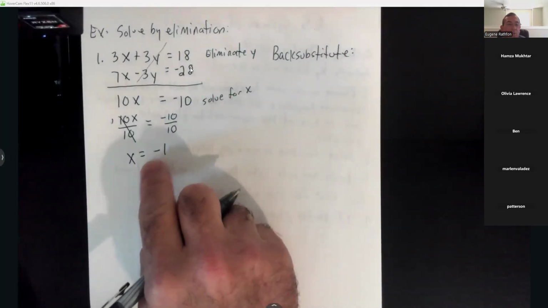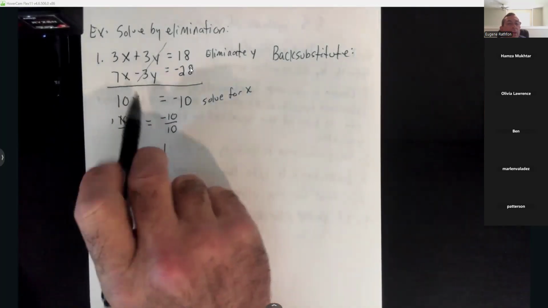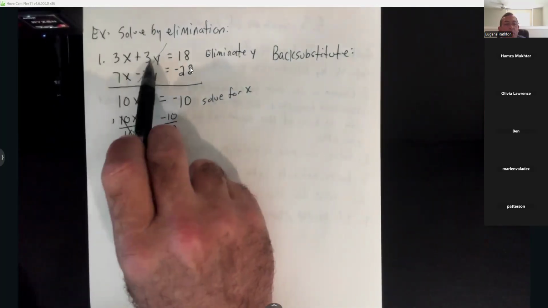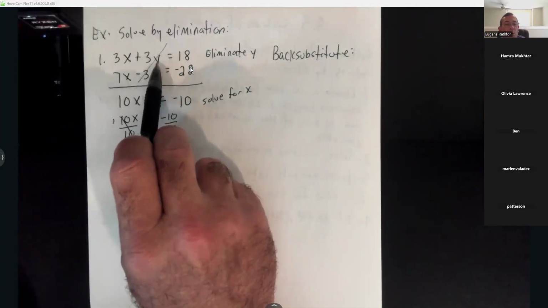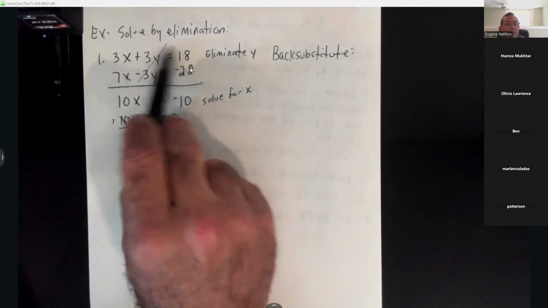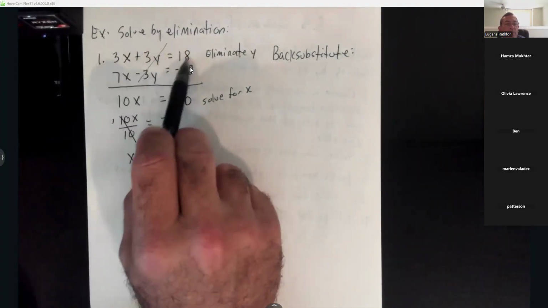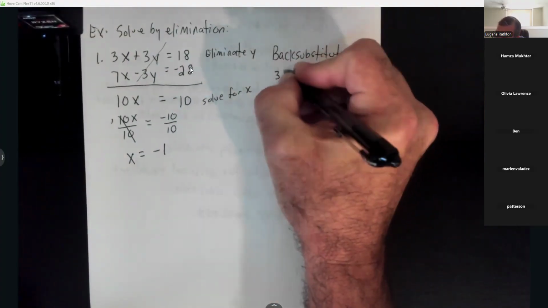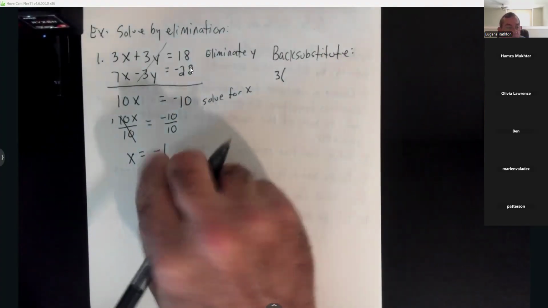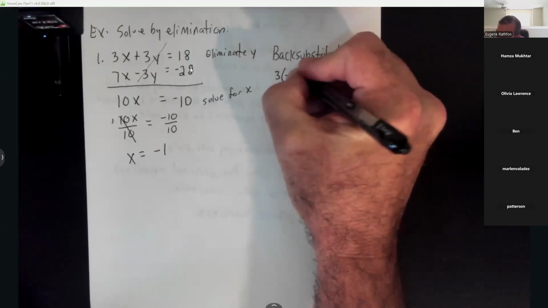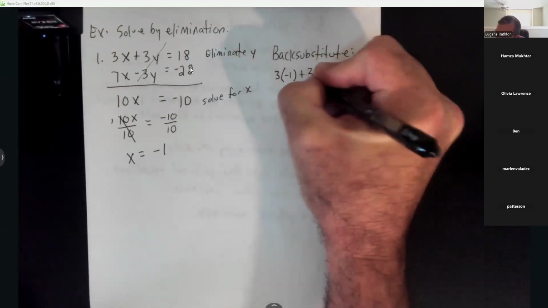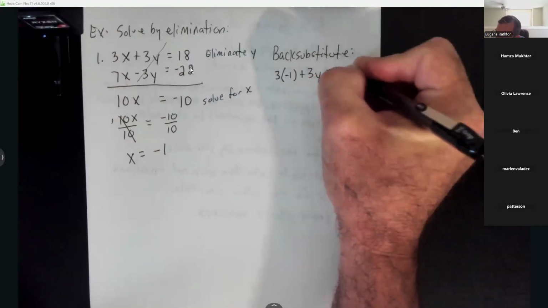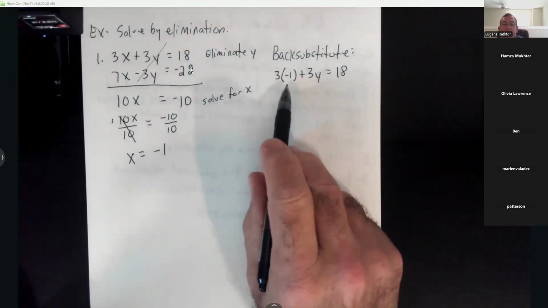In the back substitute, we know that x equals negative 1. So I can choose either equation that I want to solve for the y. So since all this stuff is positive, I'm just going to use the first equation. I'm going to get my 3. I'm going to plug in the x, which was negative 1, plus 3y has to equal 18.